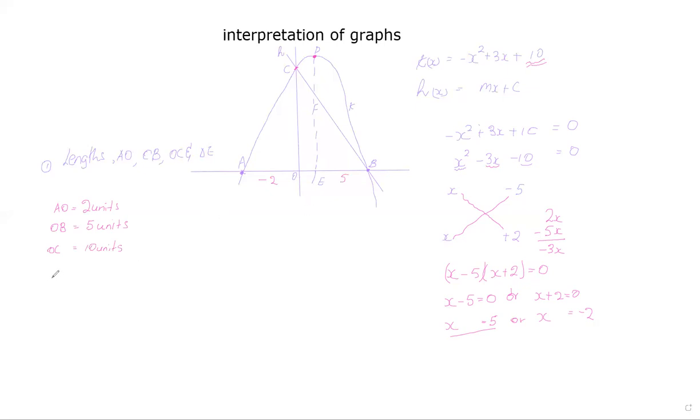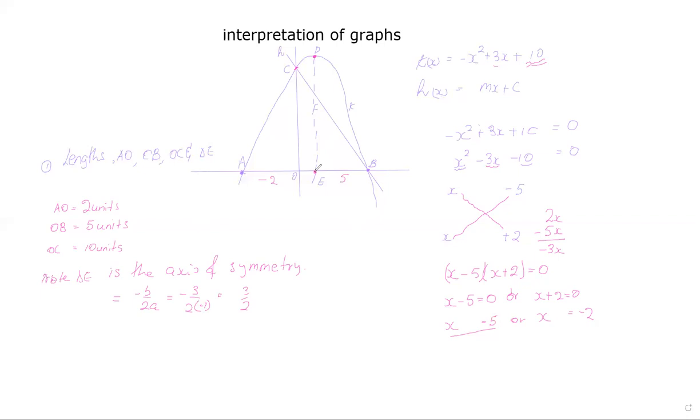Note that DE is the axis of symmetry. The function is symmetrical along DE, and that can be given by negative B over 2A, and our B here is positive 3. Our A there is negative 1. 3 over 2 is 1.5.